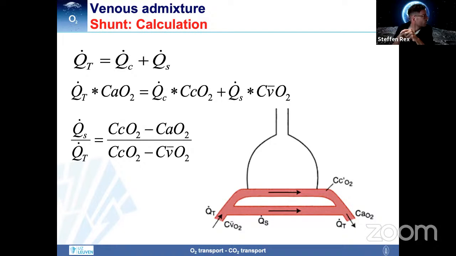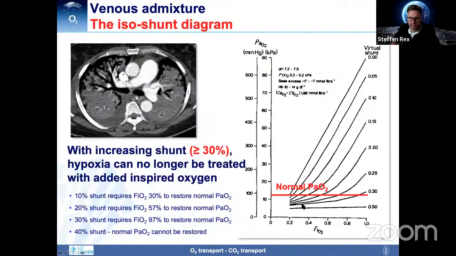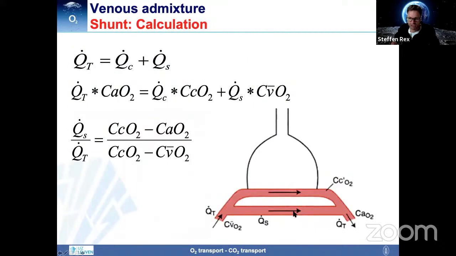You can calculate the shunt. It's a very complex formula, which every anesthetist and intensivist has to learn by heart for his exam. And 2 minutes later, he has forgotten this formula. Basically, it's very simple because it assumes that the total flow equals the flow via the capillaries and via the shunt.